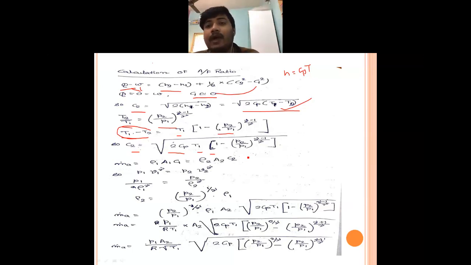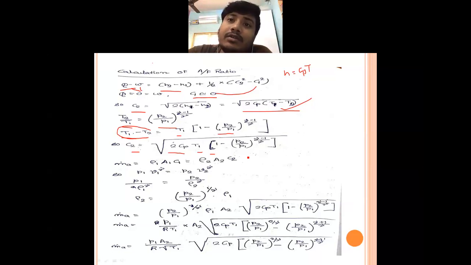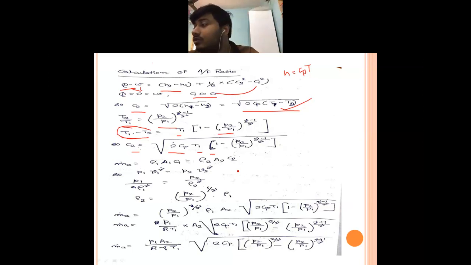Now, because we are finding the air fuel ratio, we have to find the mass flow rate of air. अगर हम continuity equation use करते हैं, we'll get rho a1 c1 is equal to rho a2 c2.